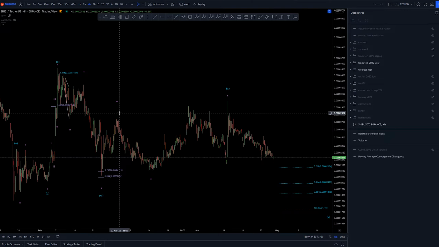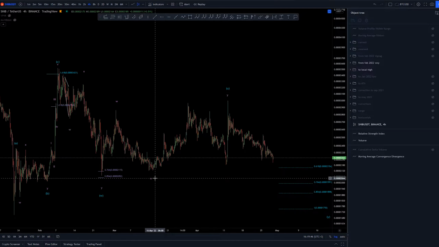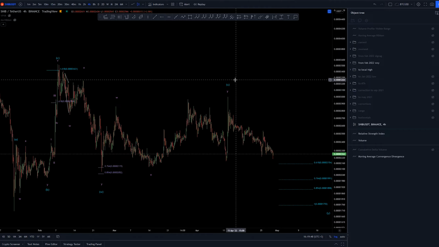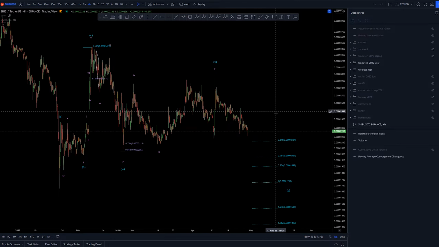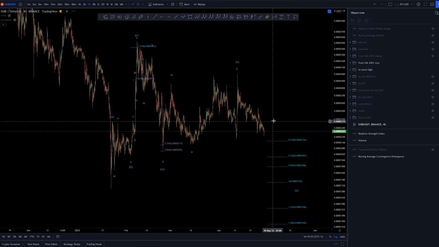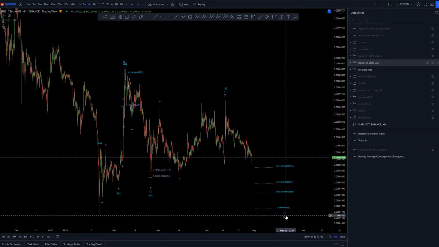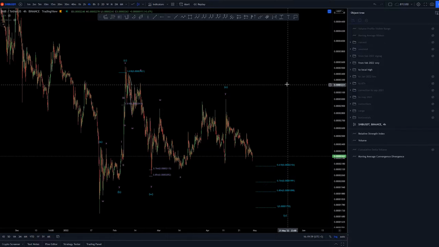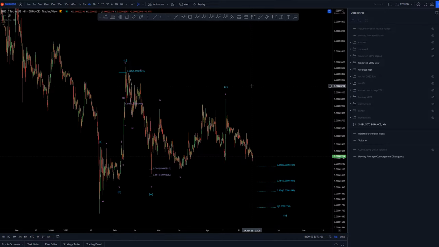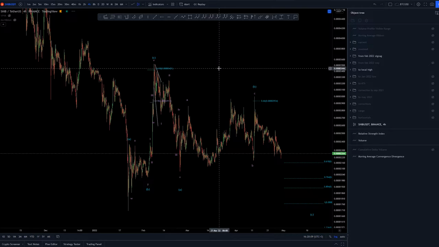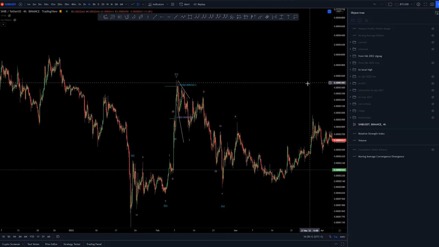After this point we have again W, X and Y, giving us a minuet X here, and now we would be looking for 3 waves down. Again, 3 waves because a WXY correction is a combination of smaller degree corrections just stuck together.